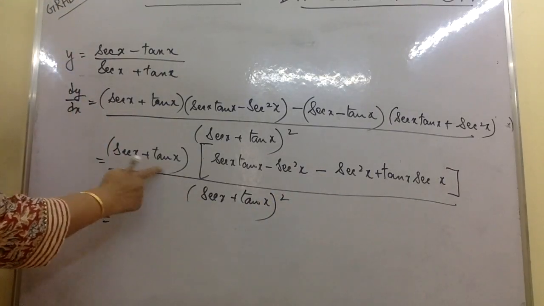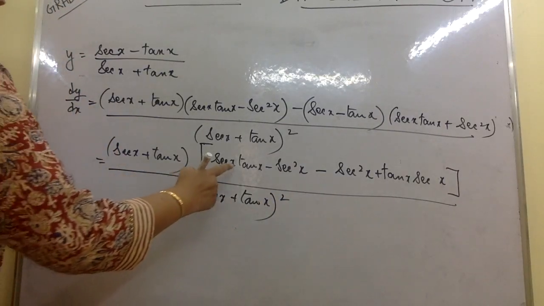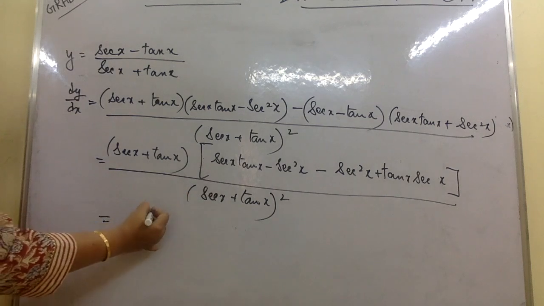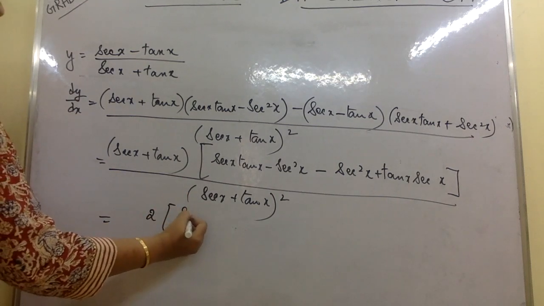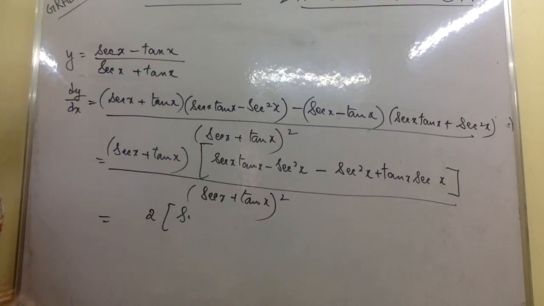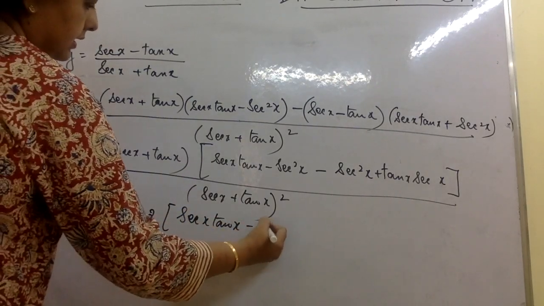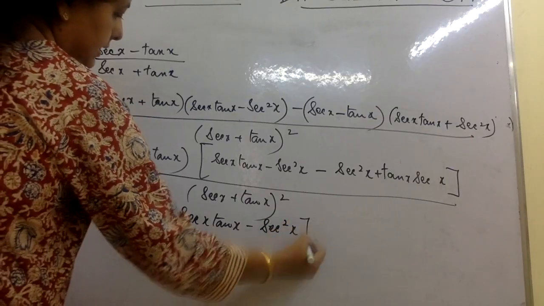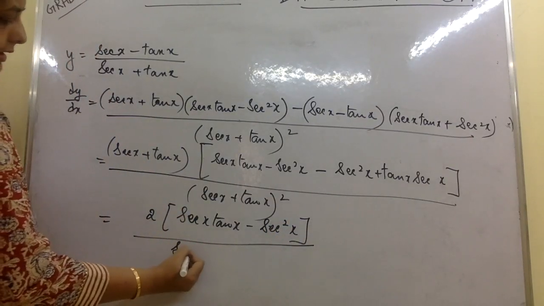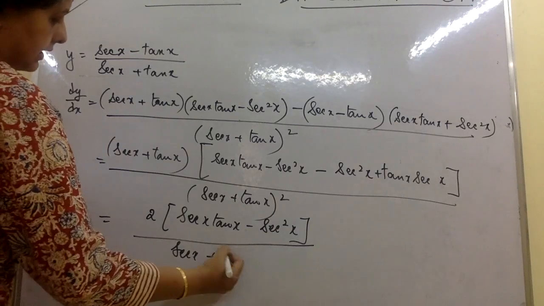Now one of the sec x and tan x is going to cancel, and here we are going to get 2 sec x tan x minus sec square x, and here sec x plus tan x.